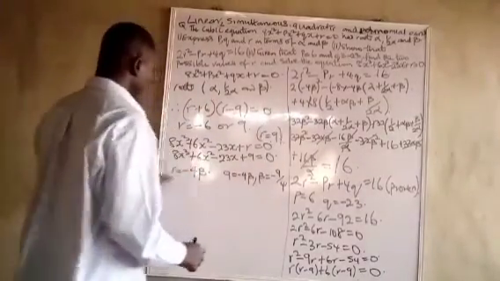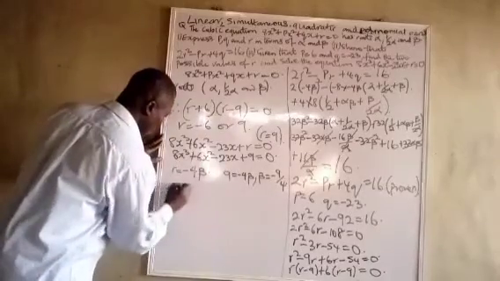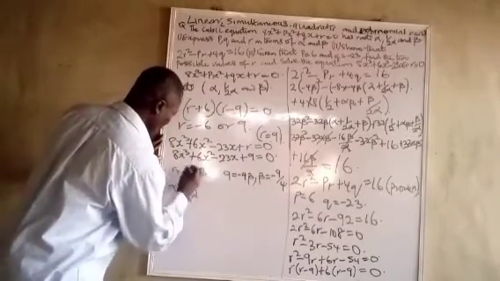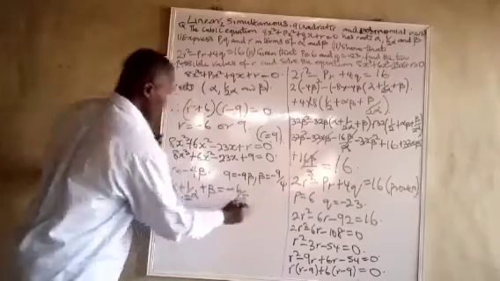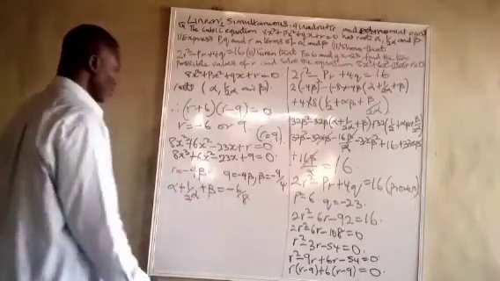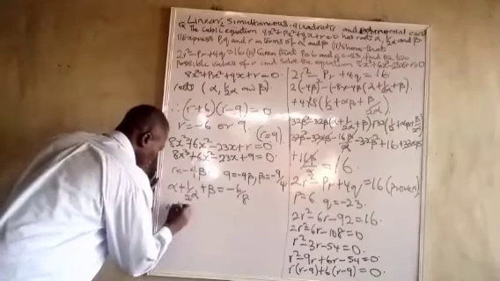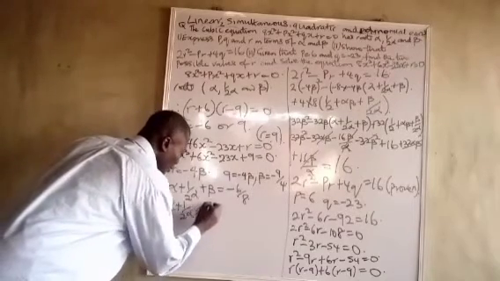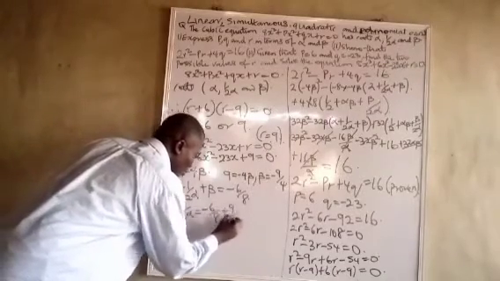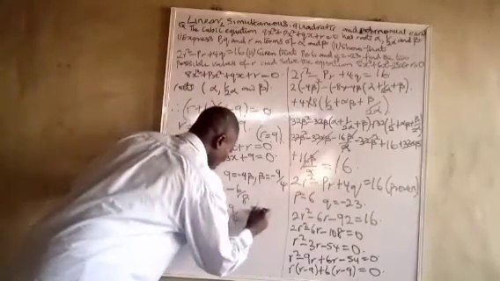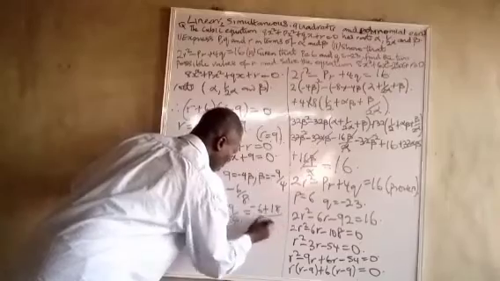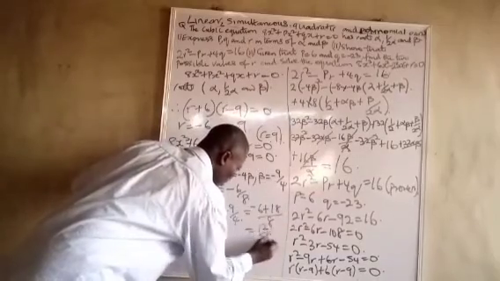Okay. Let me use the sum. That is alpha plus 1 over 2 alpha plus beta is equal to minus 6 over 8. And we know our beta is minus 9 over 4. So alpha plus 1 over 2 alpha is equal to minus 6 over 8 plus 9 over 4. That is minus 6 plus 18 over 8, which is 12 over 8.